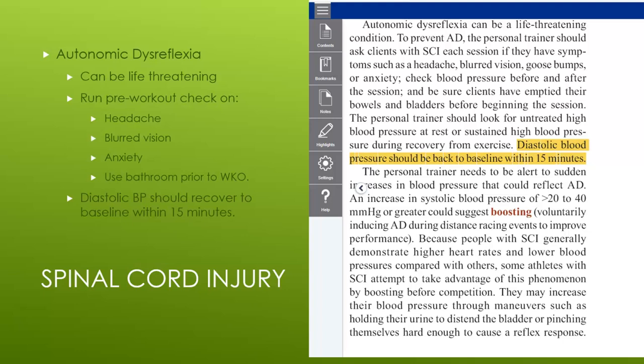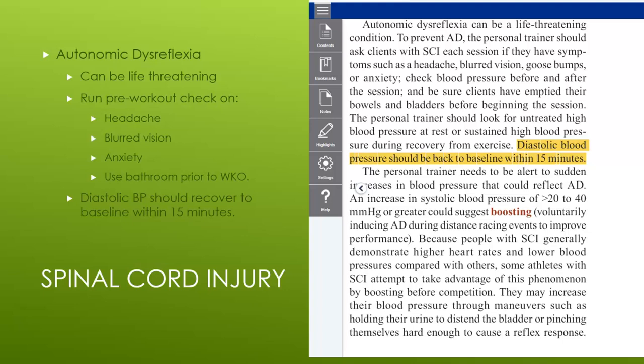Now the thing is, they go into boosting, a little bit about performance enhancement here, and this is kind of outside my scope of practice, and I'm not 100% sure how to explain this to you, but the way it sounds is with boosting, you have a situation where your client is maybe a competitive wheelchair basketball player or a competitive tennis player, and they'll use this much like you would use a Valsalva maneuver to increase blood pressure, to have greater ability to push more weight around because you have intrathoracic pressure, intra-abdominal pressure.